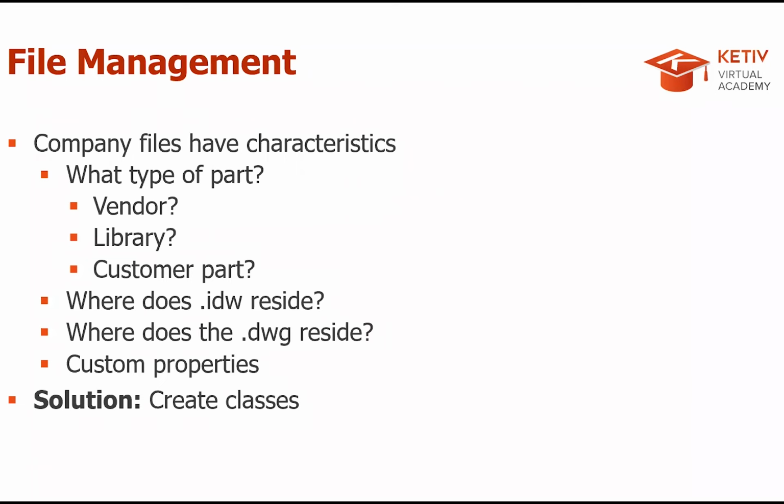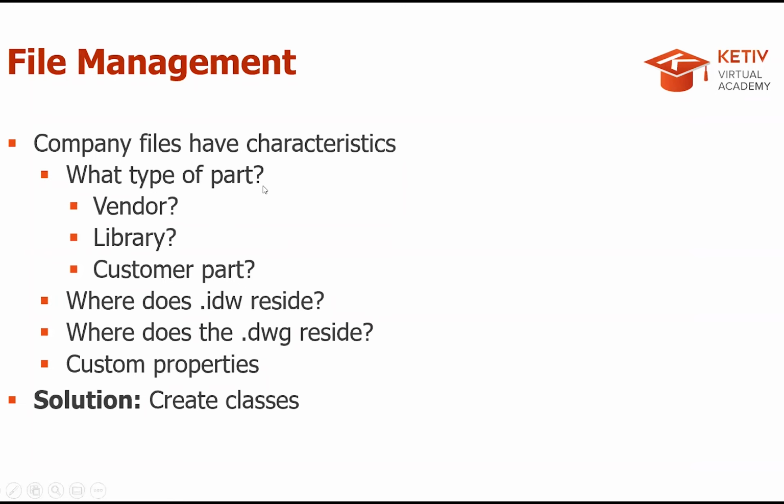There's certain parts that might be vendor parts. There's certain parts that are unique to your company, and other characteristics of that file could be where that IDW resides, or where the flat pattern, the DWG, resides for that file. There's also custom properties. For one company, it's important to know the type of manufacturing process that file will go under.